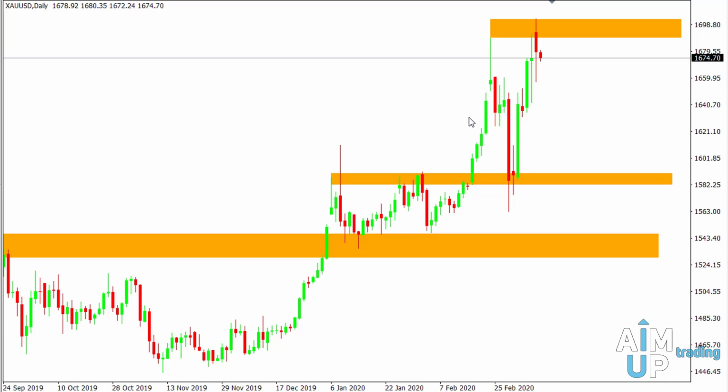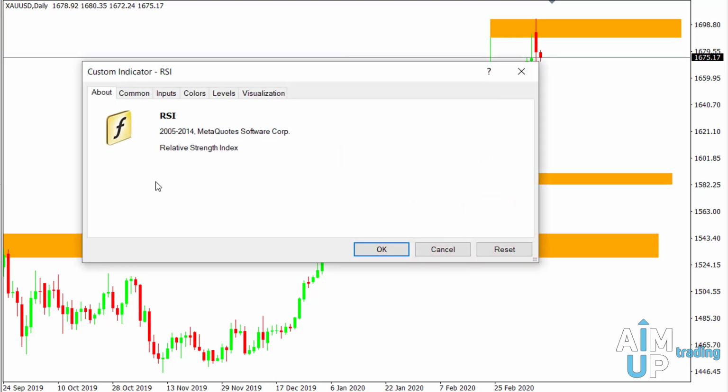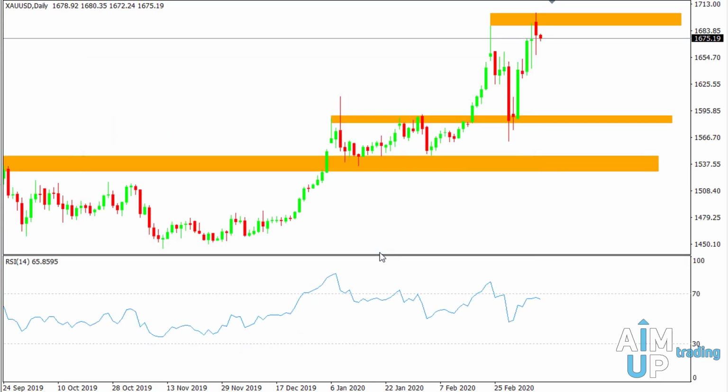We see it made a pretty big wick. So we believe this is a nice zone here, and it's going to make a nice correction. It's going to fill these wicks. So we're thinking of entering here.